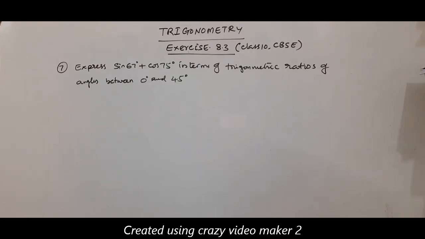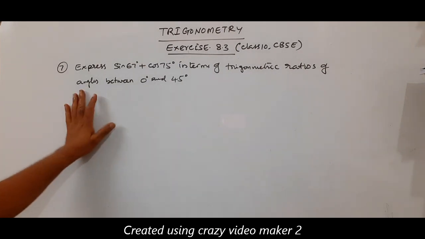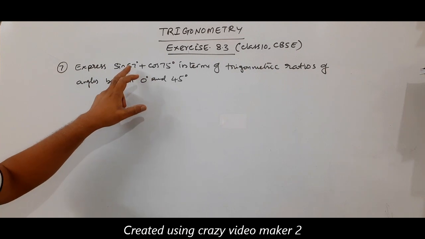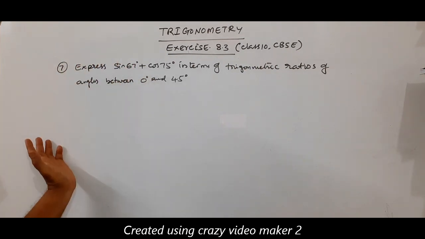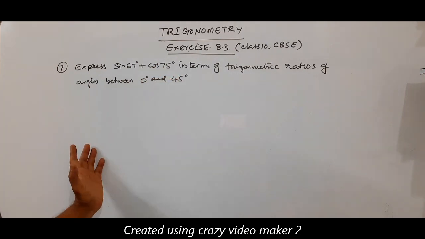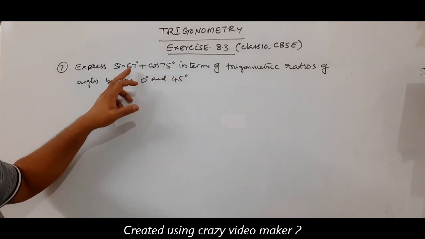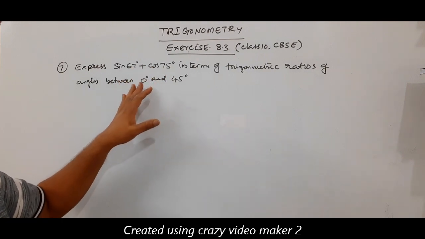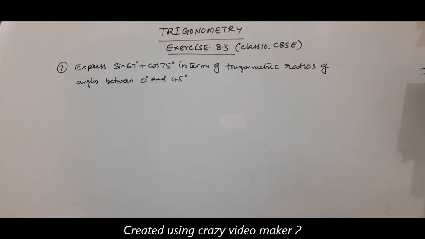In this last, 7th question, express sin 67 plus cos 75 in terms of trigonometric ratios of angles between 0 and 45. So we are going to convert this 67 into less than 45, 75 also less than 45. So we are taking the complementary of these two, we can reduce and write in the form of 0 to 45.